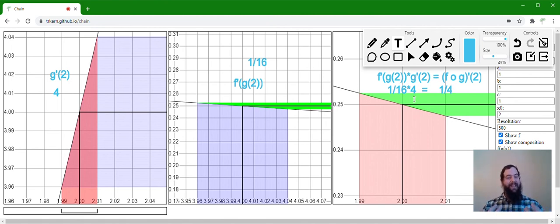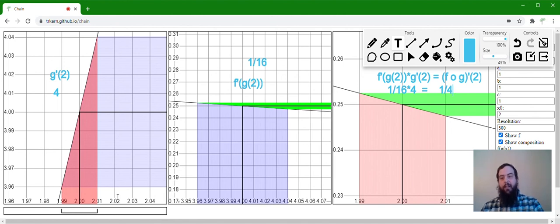So this is a really clever way of interpreting the derivative, and from this, getting the chain rule is a really intuitive thing, not just some abstract symbol manipulation, but something really concrete.